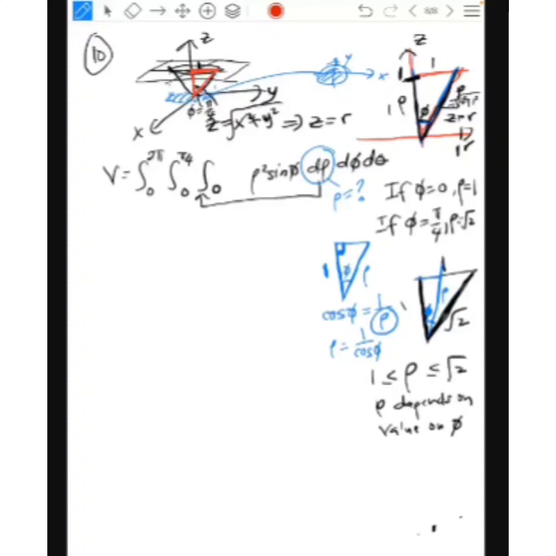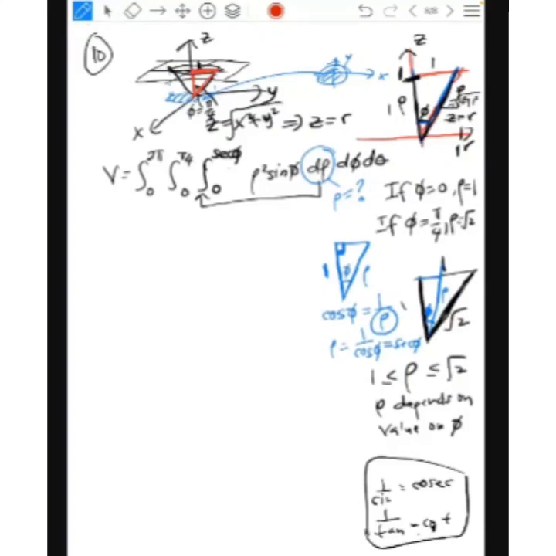Secant or cosecant? Secant, right? Okay. Secant phi, equals secant phi. Because if it's 1 over sine, it means cosecant. 1 over tangent is cotangent.